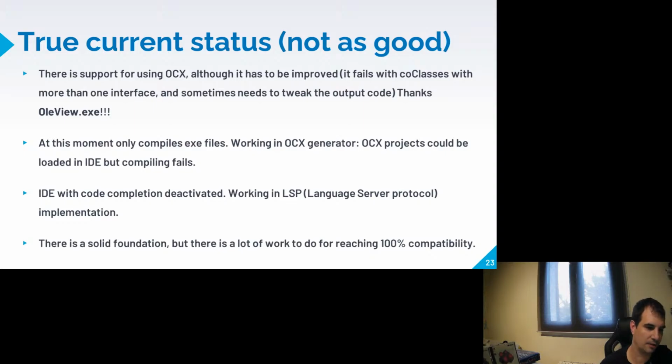At this moment, the compiler only supports EXE project types. It only generates EXE files. I'm working on the ActiveX generator. At this moment, ActiveX projects can be loaded in the IDE, but the compiling fails.